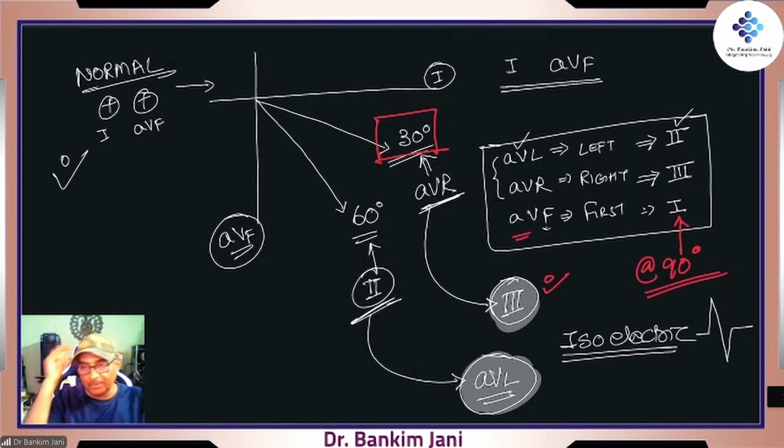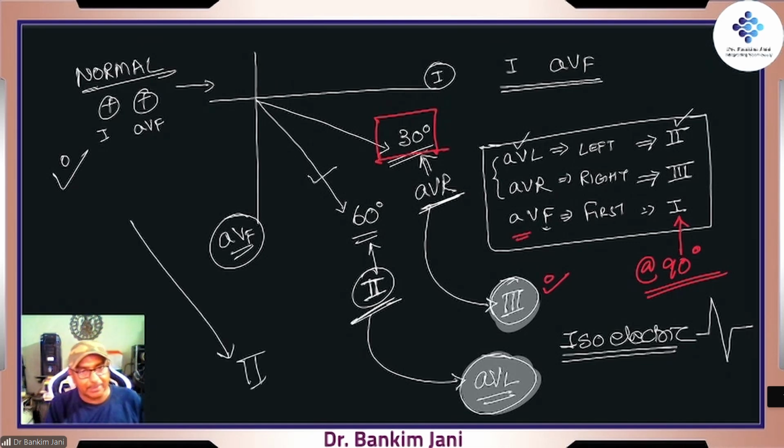Visualize if the cardiac axis is this, right? So that means the current is going towards this. So which lead will be over here? Lead 2, right? Lead 2 will be showing big spikes, because current is coming. So lead 2 will be very happy, because cardiac axis is this.